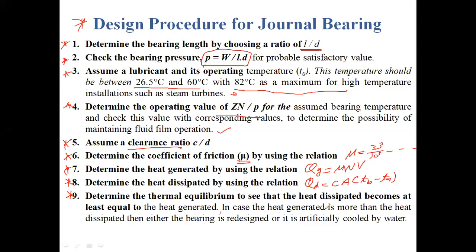In case heat generated is more than heat dissipated, then either the bearing is redesigned or it is artificially cooled. To find this out, we use Qt is equal to m S into T, this relation. From there you will get the values.